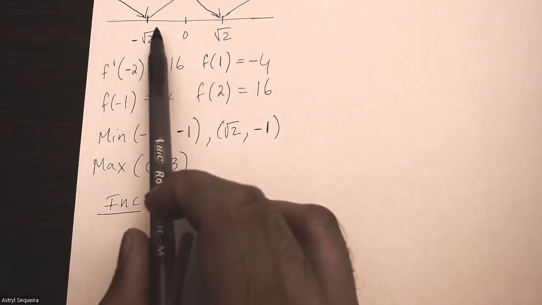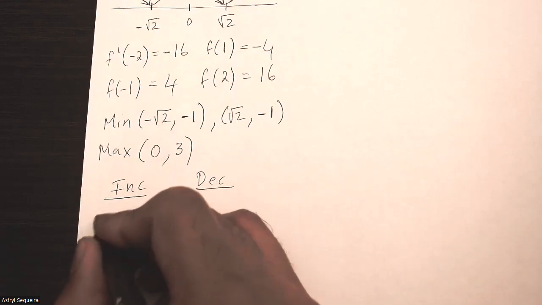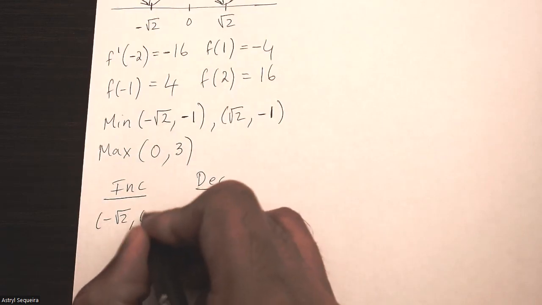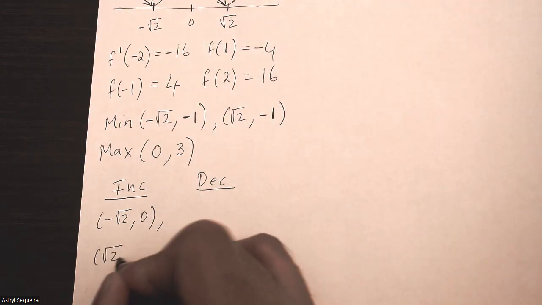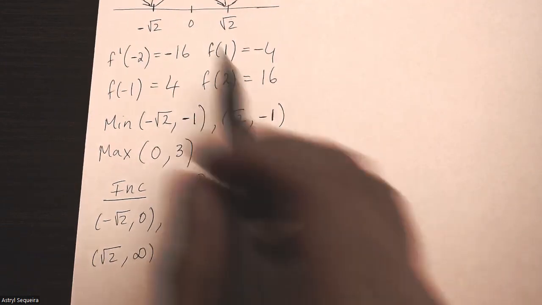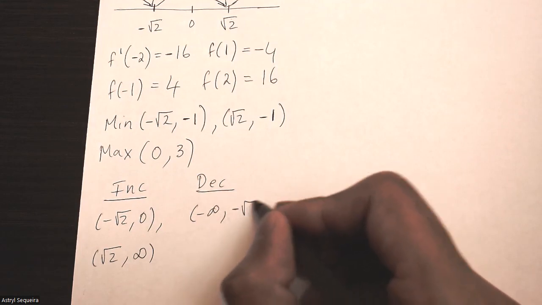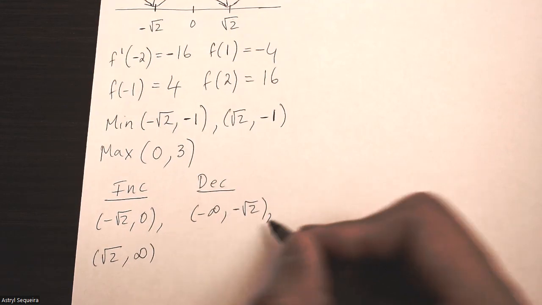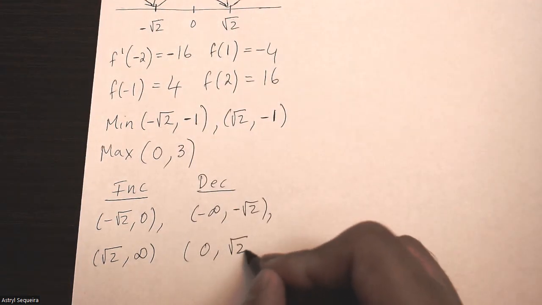My intervals of increase are from negative root 2 till 0, and then from positive root 2 till infinity. My intervals of decrease are from negative infinity to negative root 2, and then also from 0 to positive root 2.